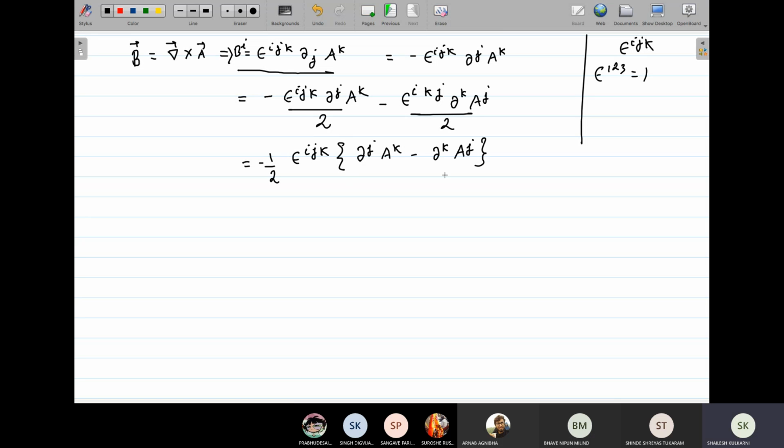This is nothing but your curl, written in a slightly different form. Now you define a quantity fjk as del j ak minus del k aj.